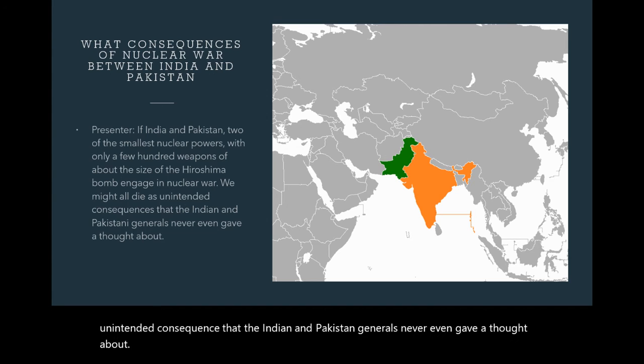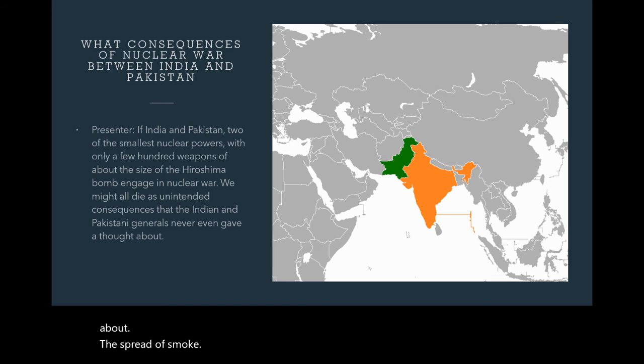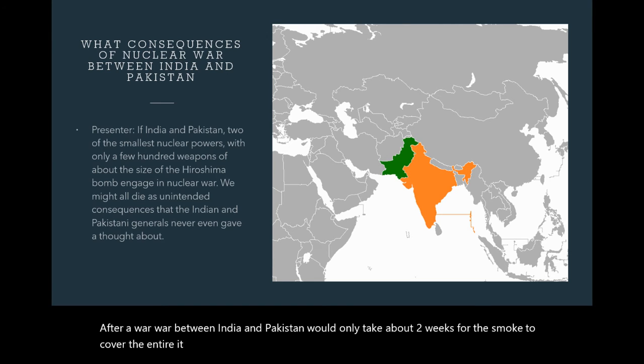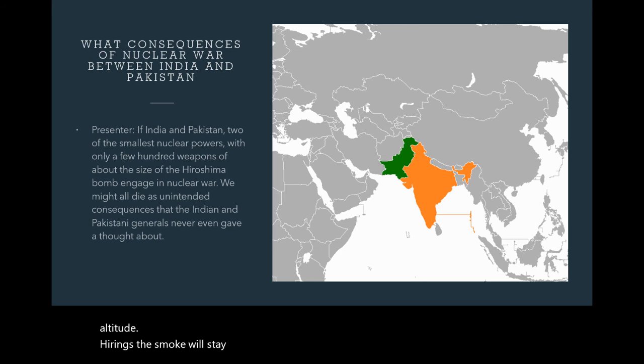The spread of smoke after a war between India and Pakistan would take only about 2 weeks to cover the entire earth. It would rise to an altitude between 20 and 50 miles above the surface. At this altitude, it never rains. The smoke will stay there for years.